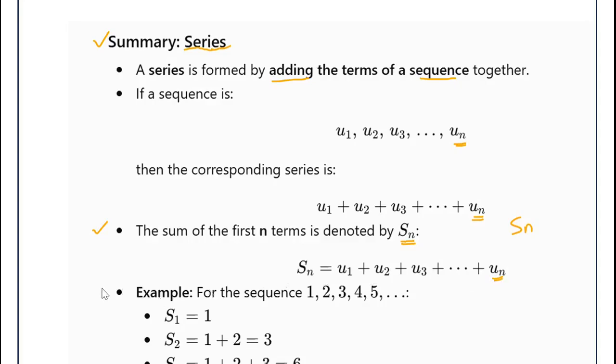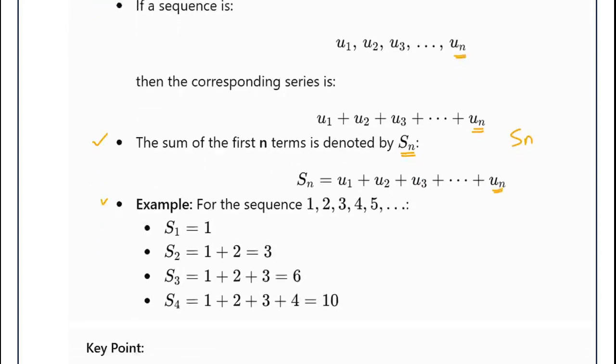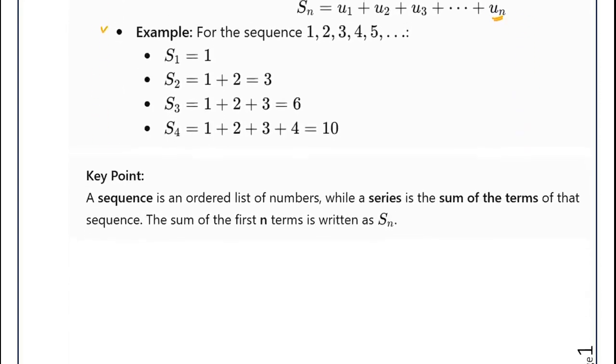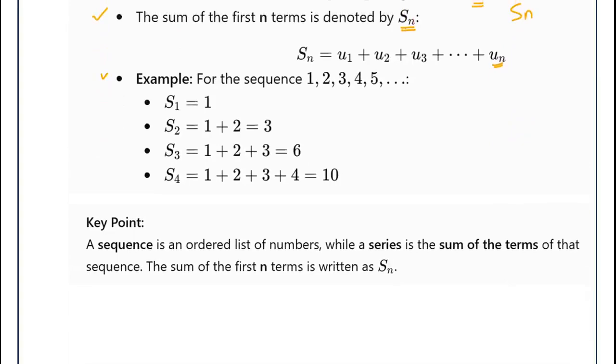And then we have an example right here. The example is that we are given a sequence. A sequence is given as 1, 2, 3, 4, 5, and the sequence continues. Now, what is the sum of the first one term? The sum of the first one term is itself.